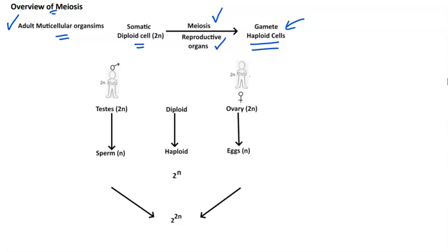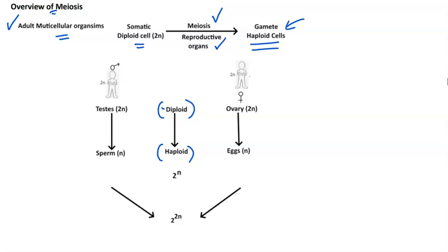Now in this image here, I guess we're implying that this is a human example, but theoretically then, as we've just said, the diploid cells will produce haploid gametic cells. And the interesting thing about this is that the haploid cells, the gametic cells which are produced, are not all the same.